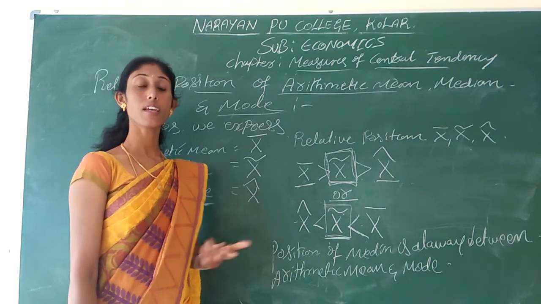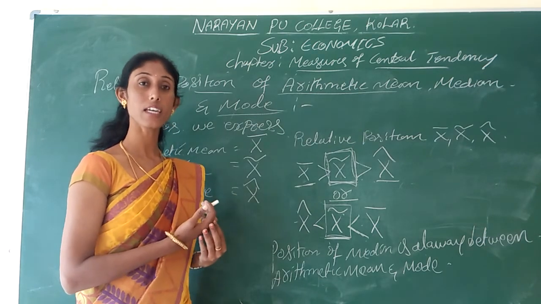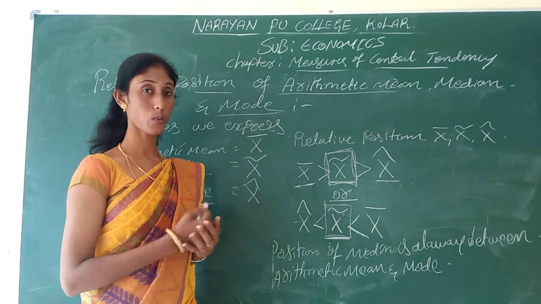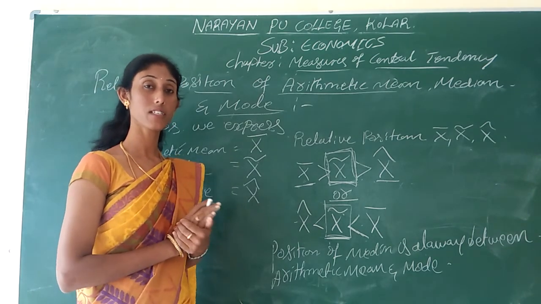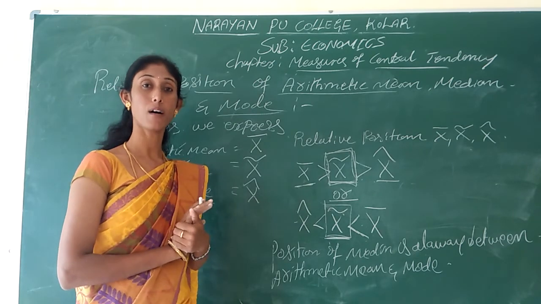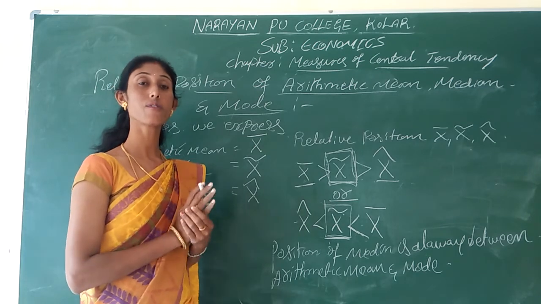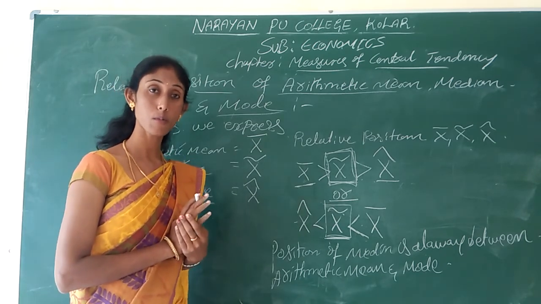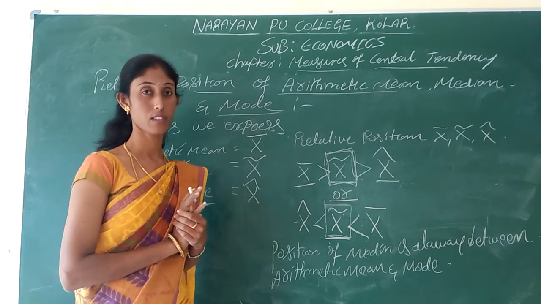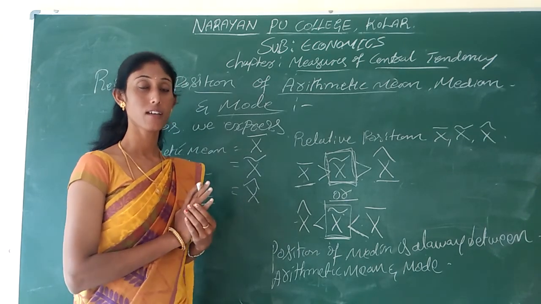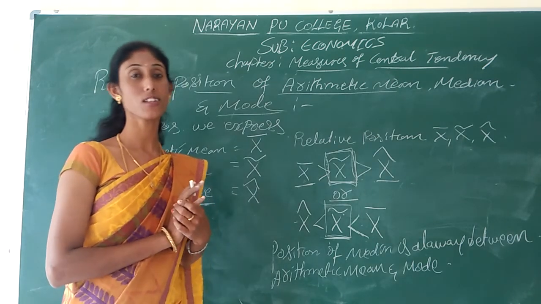Next, due to COVID-19, the government PU board has decided to cut off portions of the first PUC. So after the 5th chapter, we are going to discuss one more chapter in part A, that is index number, the last chapter in part A, from the next session onwards.